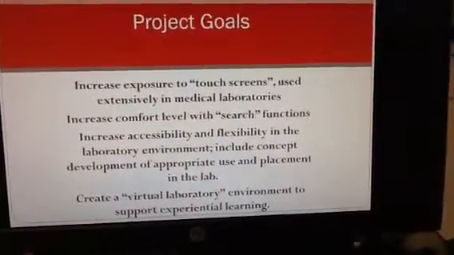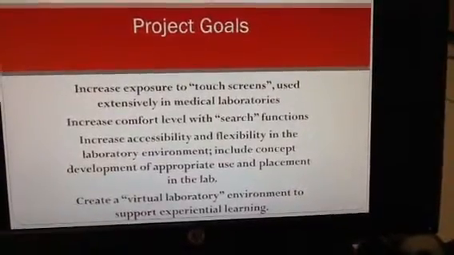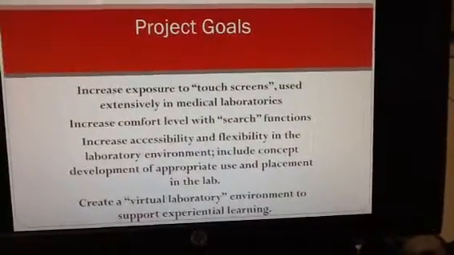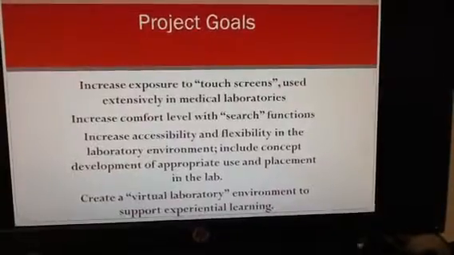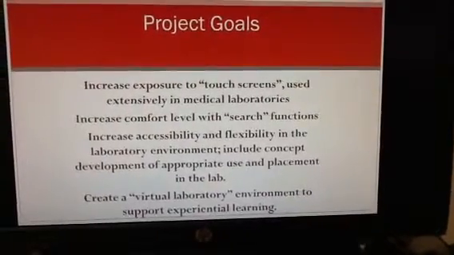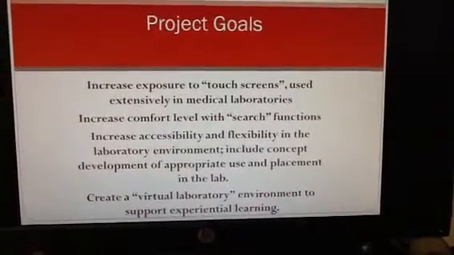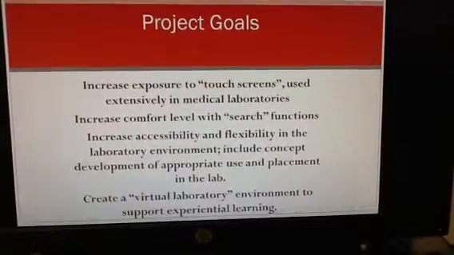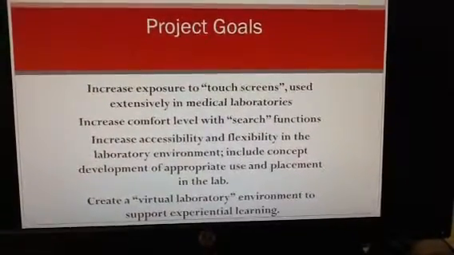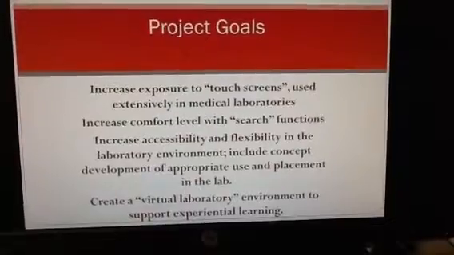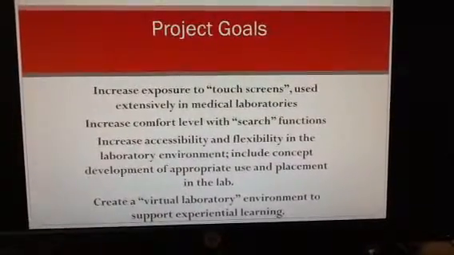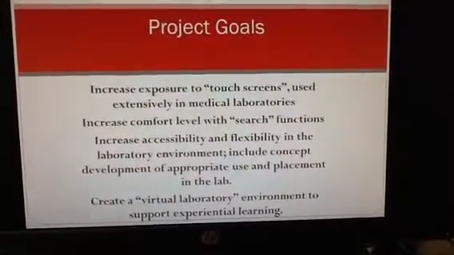We also wanted to use this as an opportunity to evaluate the laboratory environment for accessibility and flexibility to computerization, looking specifically at where laboratories should have computers, how we should look at the biohazard concerns, and how we should address those things.